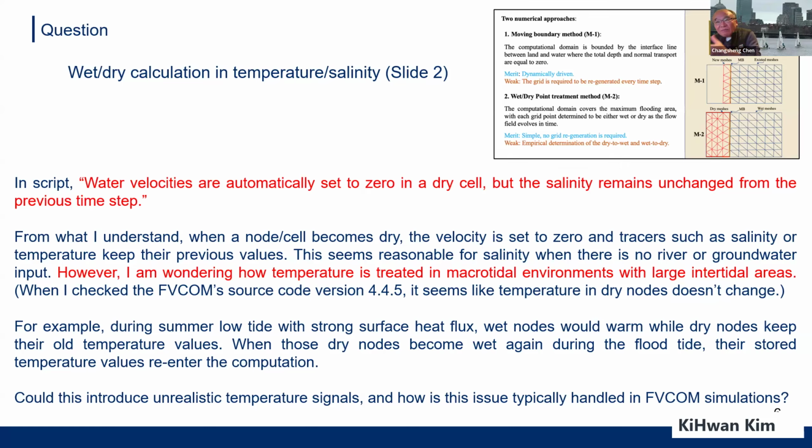That's why it has a temperature, and it still receives the heat budget, the heat flux in the air-sea interaction. You also need to consider how dilution and everything works inside the sediment. You see what I mean? Yeah, I understand. Okay, thank you. I hope I answered your question.